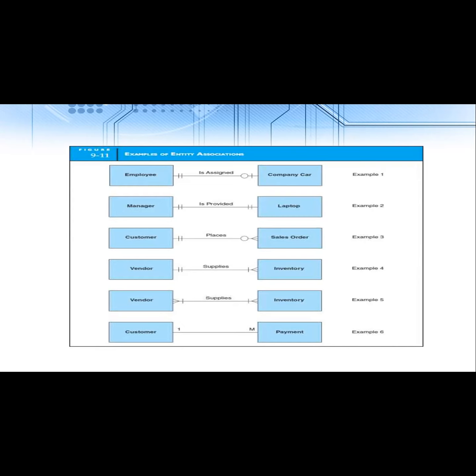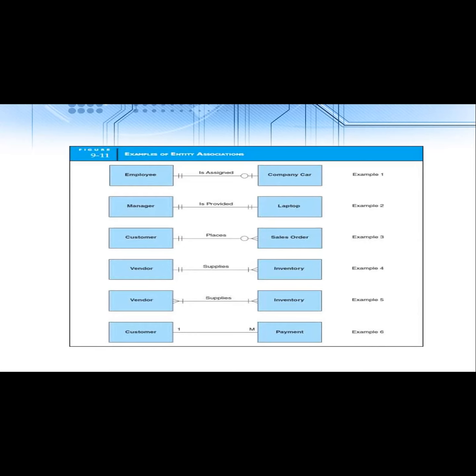Example 3 presents the relationship between customer and sales order entities. Notice that the minimum number of sales order occurrences per customer occurrence is 0, and the maximum is many. The cardinality exists because customer is a physical entity that transcends the current accounting period.